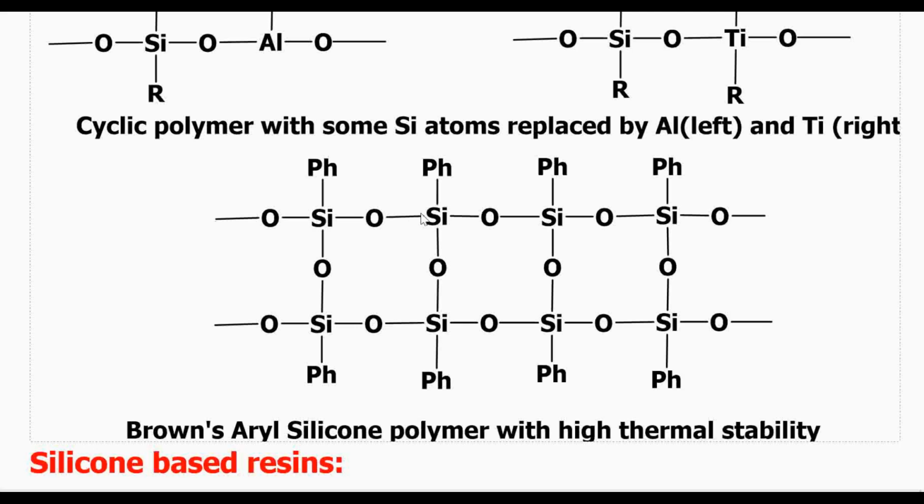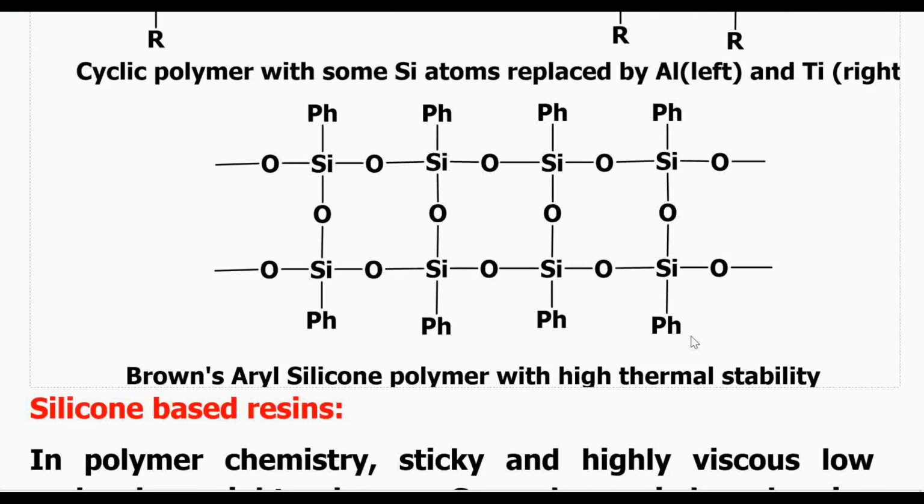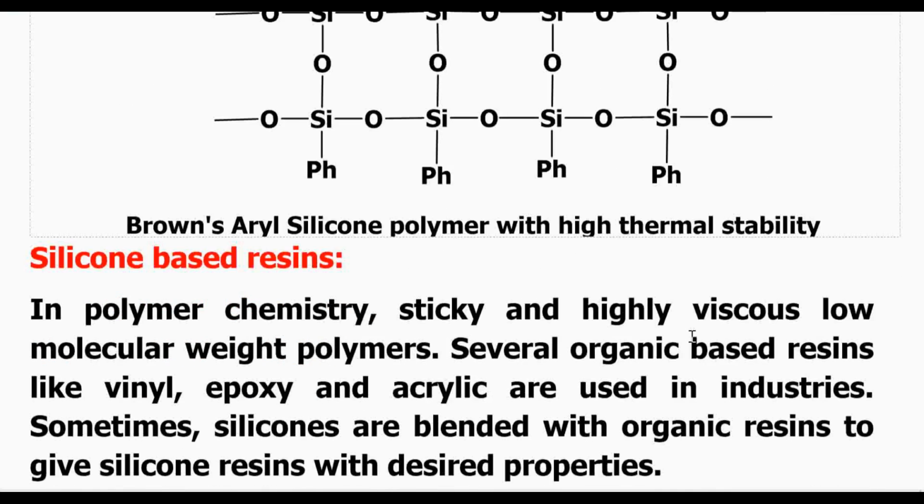It is a cyclic octamer, or rather 8 membered cycles are there, and a long chain polymer is there. In place of methyl group, here you have phenyl groups. So your cyclization, your cross linking and your phenyl groups, and finally the product is having very high thermal stability. So that was something about the high thermal silicones.